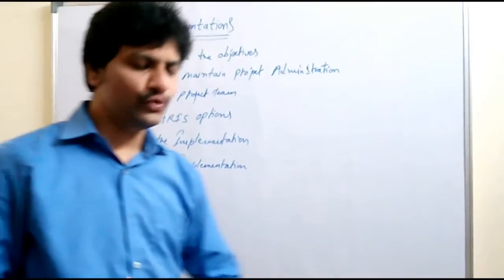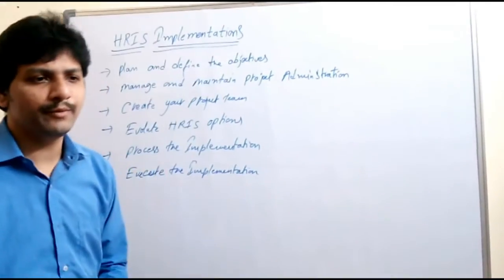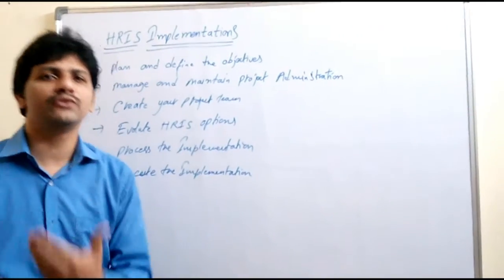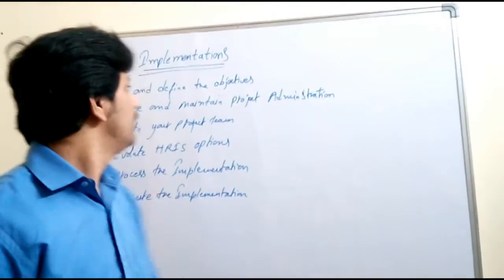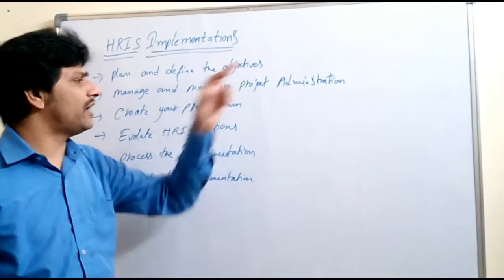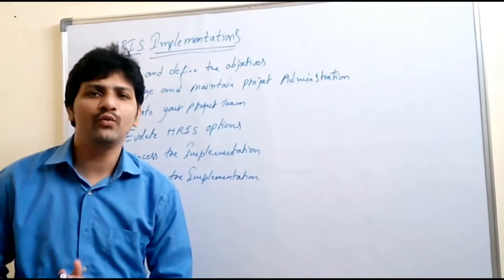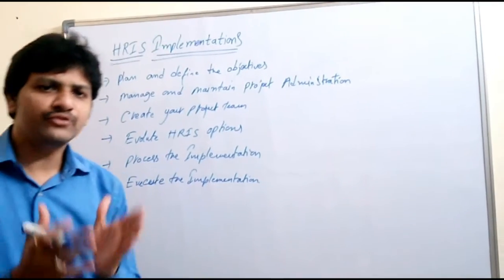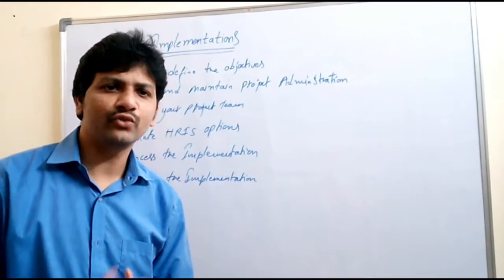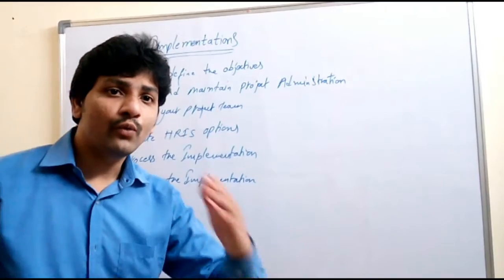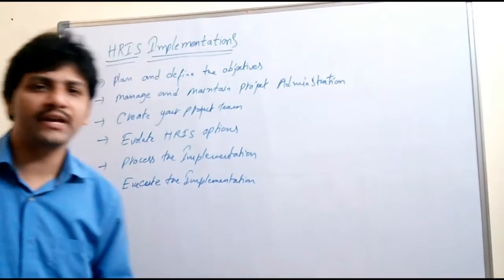First and foremost, if you are going for HRIS implementation, whenever they are going to develop the human resource information system, the plan and the objectives are defined first. What is the project plan, how many forms have to be developed, what are the exact requirements, what attributes have to be taken?